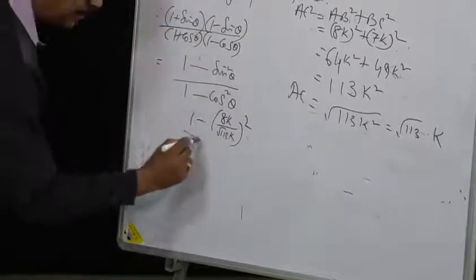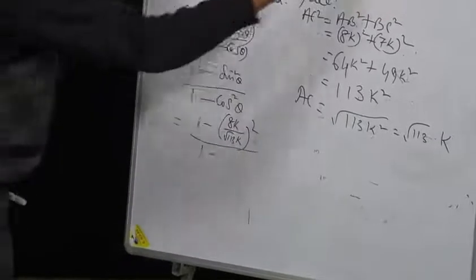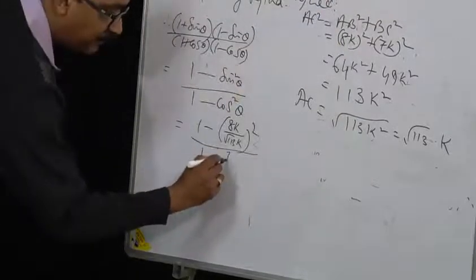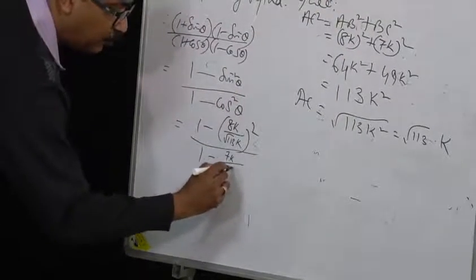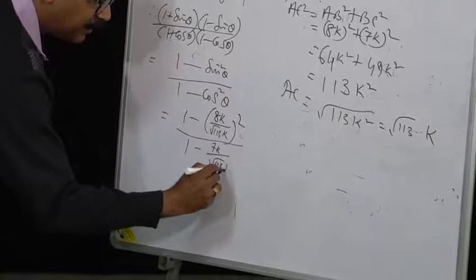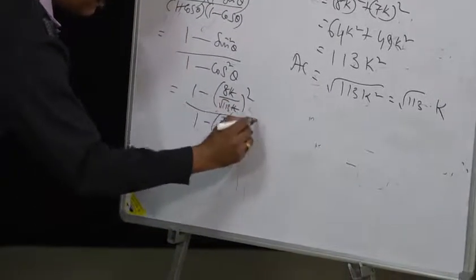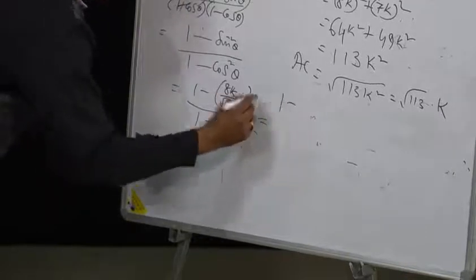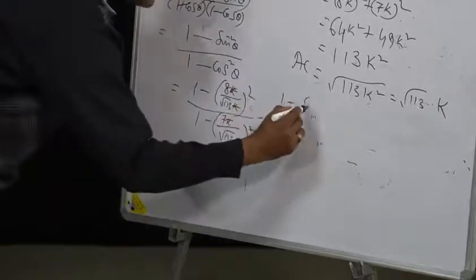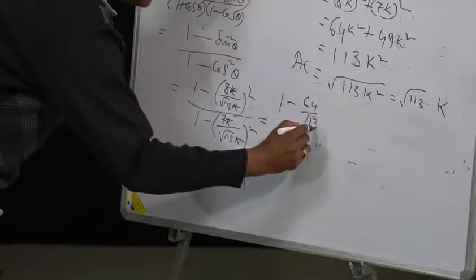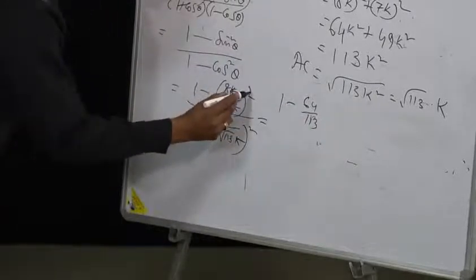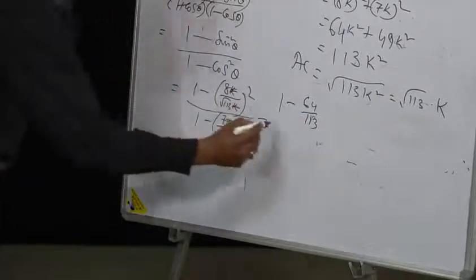Look at this. And here also, 1 minus base, this is a base, 7K by root 113K whole square. So K is cancelled. So now how much you can get here? 1 minus 8 square is 64 by 113. Root under square means it comes to 113 only.